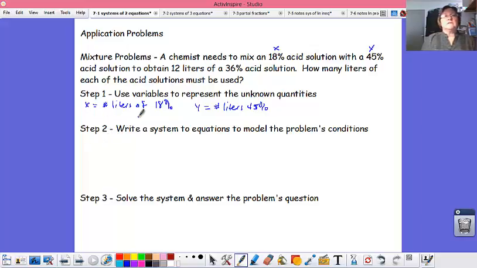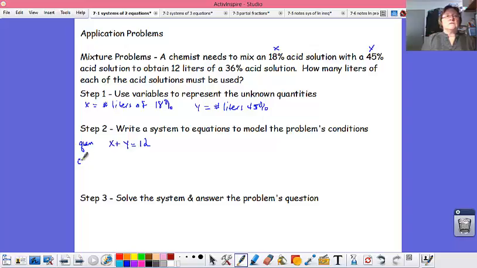X is the number of liters of one, y is the number of liters of the other. And as far as quantity goes, we have to come up with 12 liters altogether. So x plus y must equal 12.